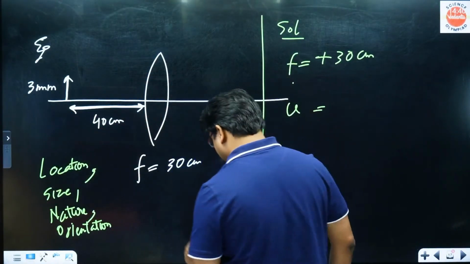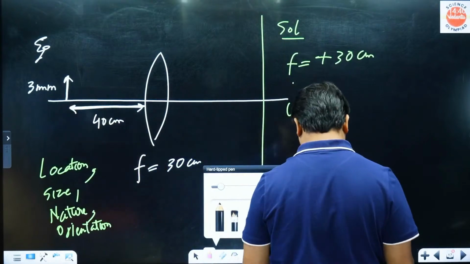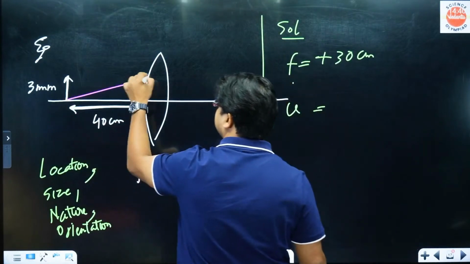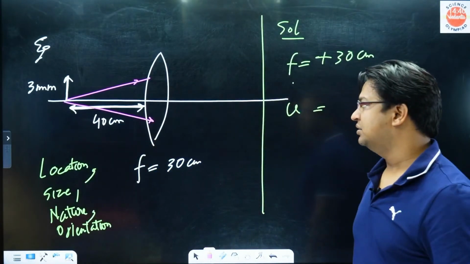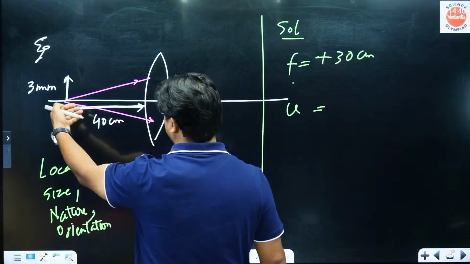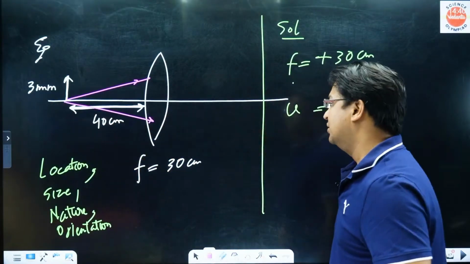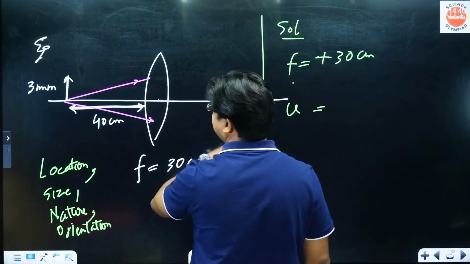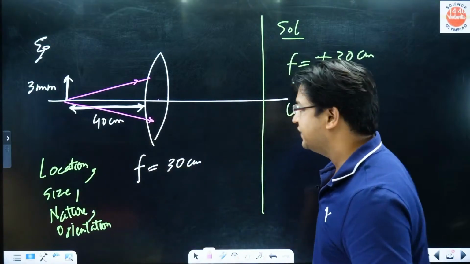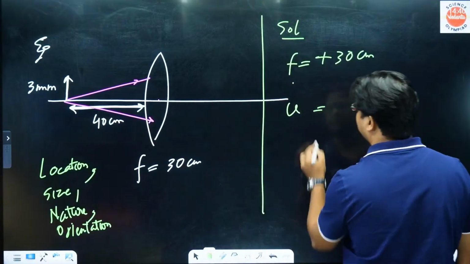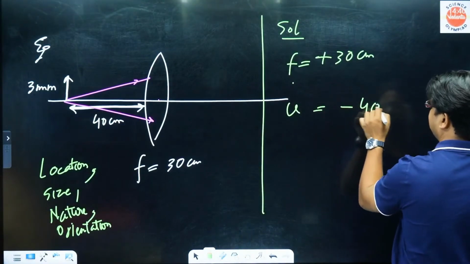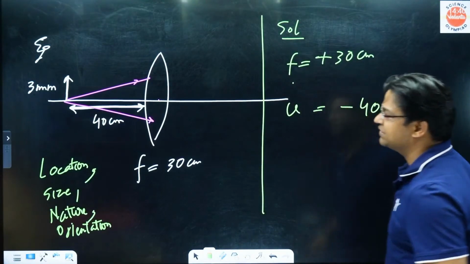If this is the object, it means that rays from this will travel and hit the lens, so the rays are traveling towards the right. Anything to the right of the lens will be positive and anything to the left of the lens will be negative. So U will be written as minus 40 centimeter.